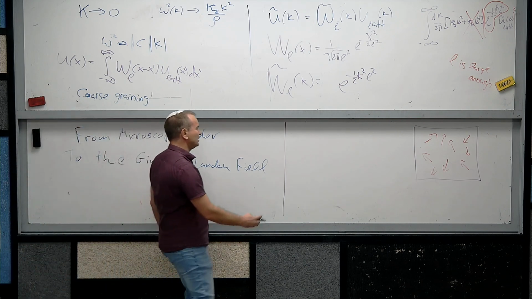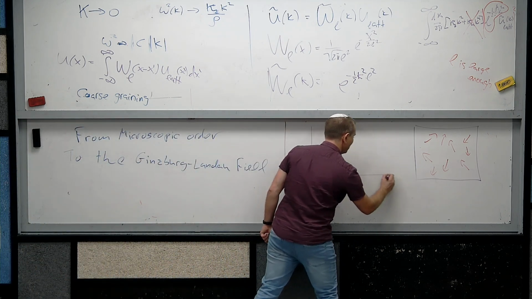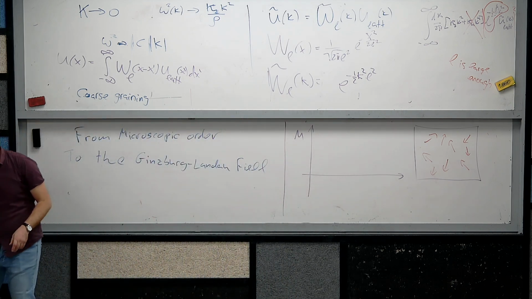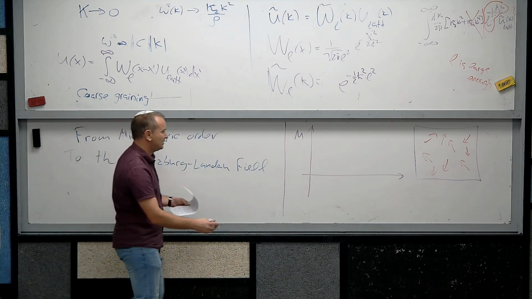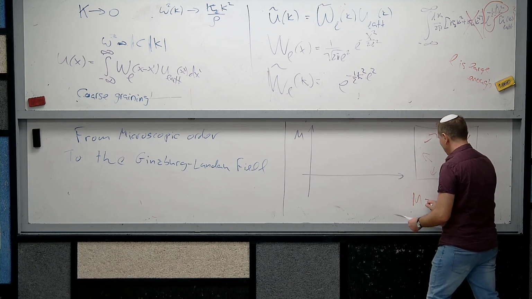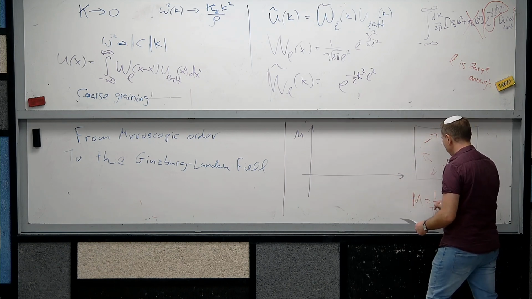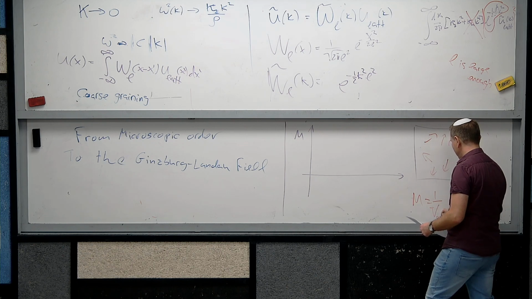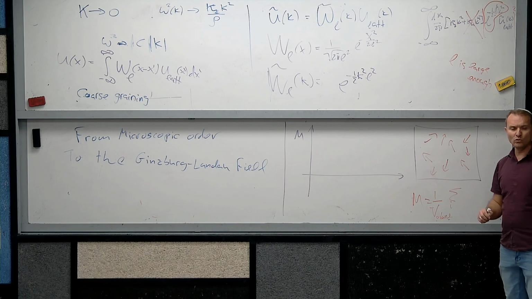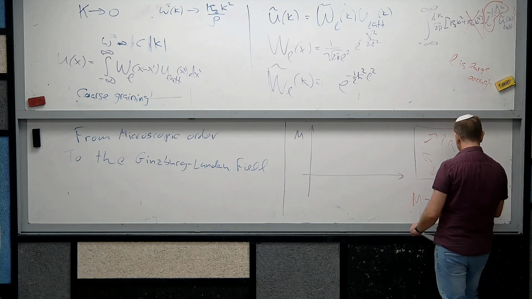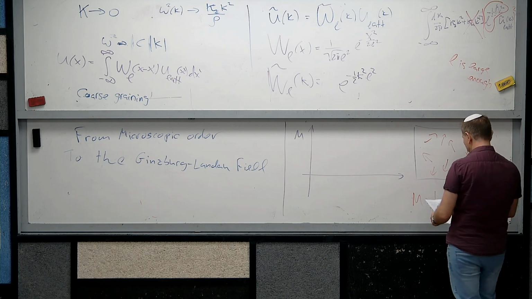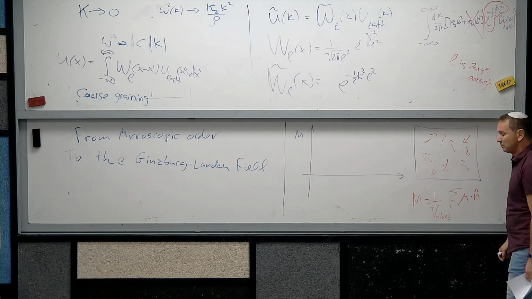If I measure the total magnetization of my system, what is my magnetization? Let's write it down. The magnetization is 1 over the volume, sum over i, summing up all the different spins inside my system, mu_i, the value of the spin, multiplied by some n.